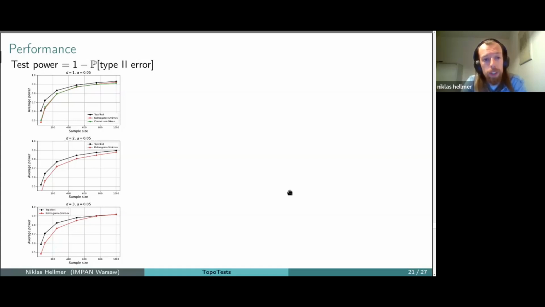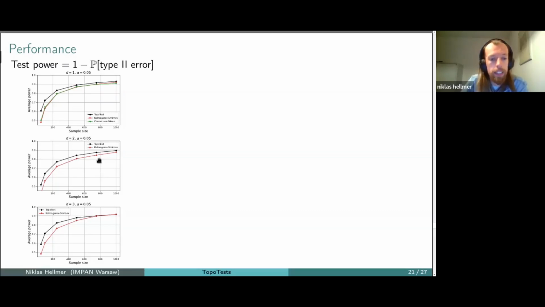The test power is 1 minus the probability of type 2 error. So the type 2 error was the thing that we just showed that we can minimize, which goes to 0 exponentially. So it is the probability of not rejecting the null hypothesis when it's actually false. And in different dimensions, we compare it with different tests. So our test, which we dub TopoTest, is shown in black. So higher test power is better, and the black curve stays on top.